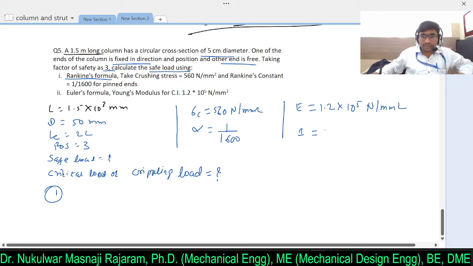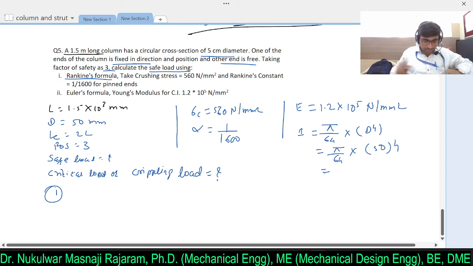So Ixx will be equal to Iyy, that will be equal to I. So pi by 64 into d raised to 4, sorry, not pi by 16, it is pi by 64. And what is the value for d? It is 50 raised to 4.